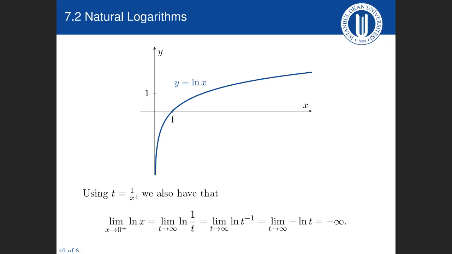This is the proof that as x tends to 0 from the right, the graph of y equals ln x goes all of the way down to minus infinity. The y-axis is a vertical asymptote of this graph.